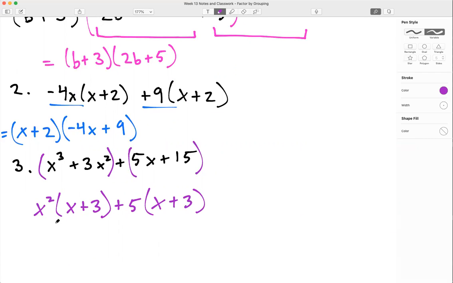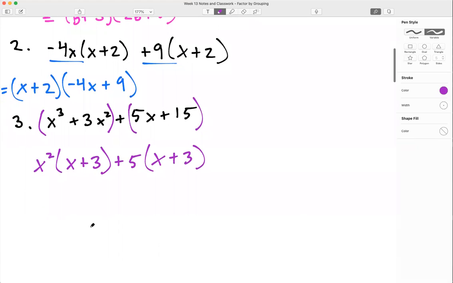So now this is looking a lot like the first couple problems we had. So what is the common factor between these two terms right here? And if you said x plus 3, you're correct. So let's factor out again an x plus 3.